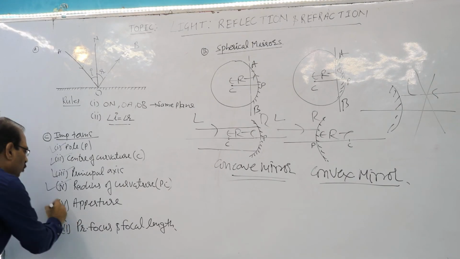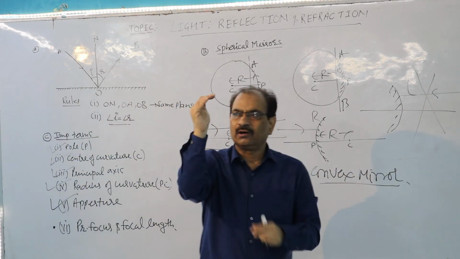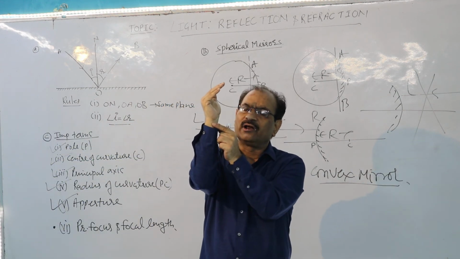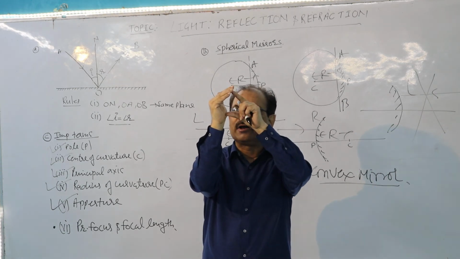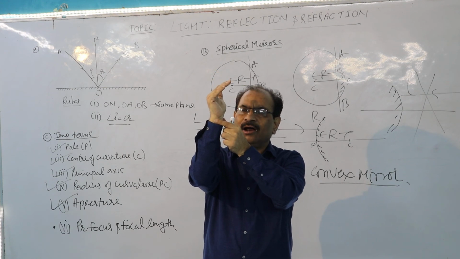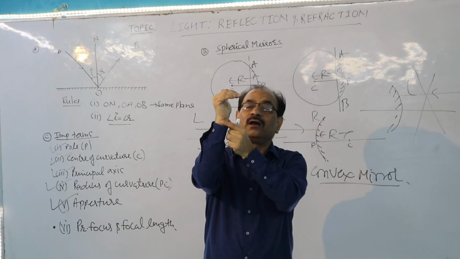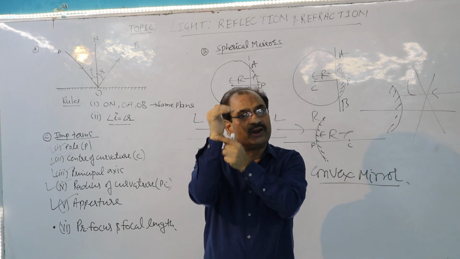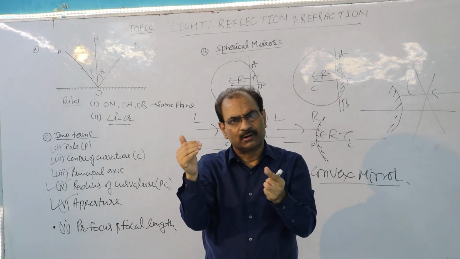Now, let us come to another definition called aperture. See my hand, children. This is supposed to be one spherical mirror, maybe convex, maybe concave. See this distance: I am enlarging it, the aperture is increasing; now it is decreasing. So what should be the definition of aperture? The diameter of the spherical mirror is defined as the aperture of a spherical mirror.